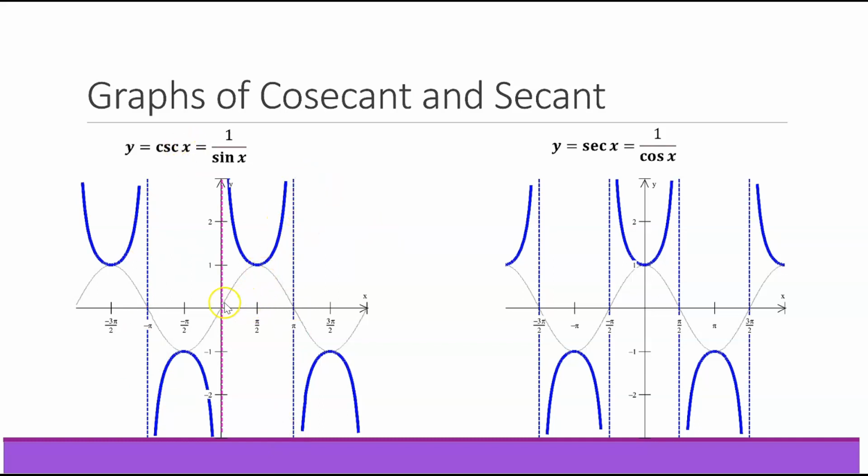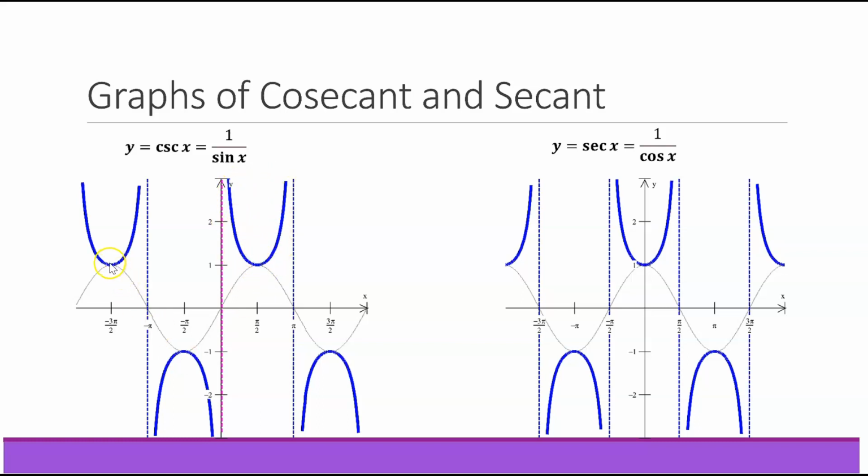And from there, you can see this lighter colored graph here. That's actually the basic sine function. So how is cosecant related to the basic sine function other than these asymptotes? Well, any x-intercept becomes a vertical asymptote, but the maximum values on the sine graph, so this peak point here, becomes a minimum value on these little U shapes.